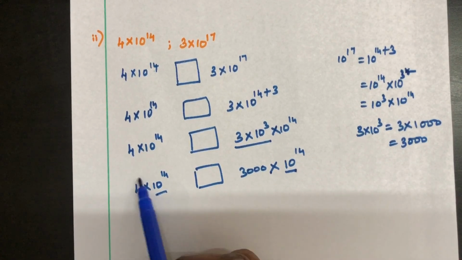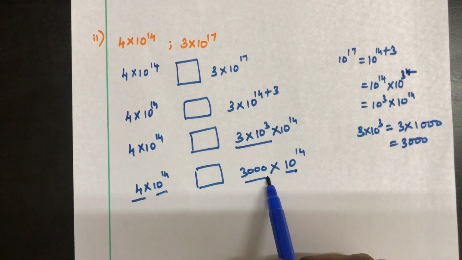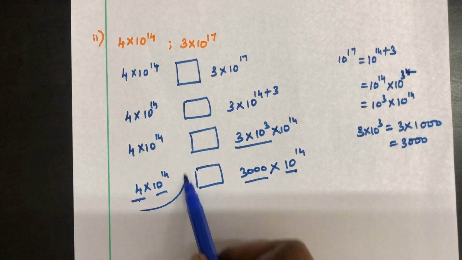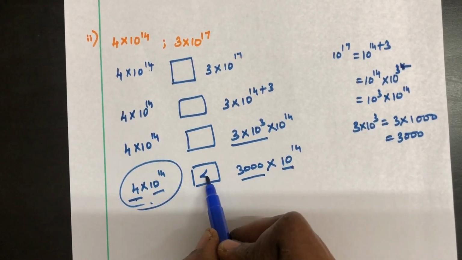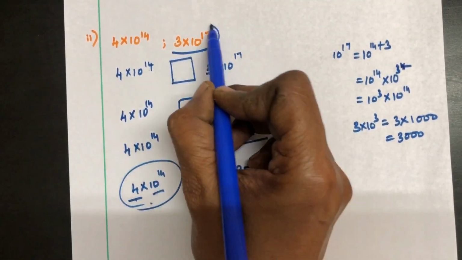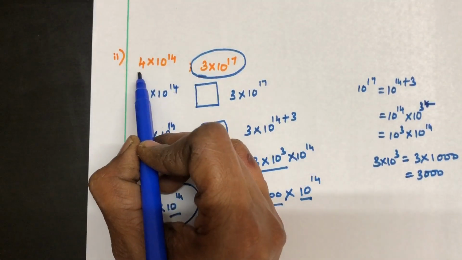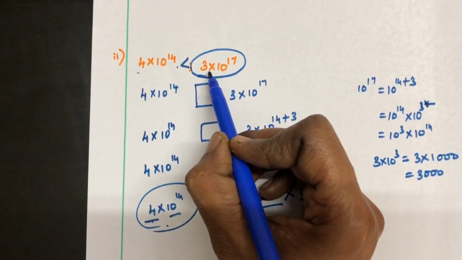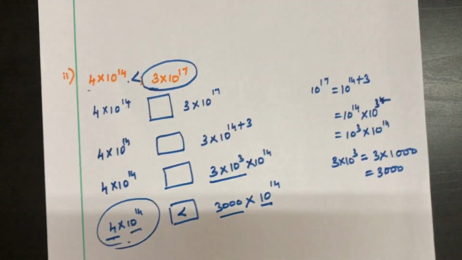Now look at the integer value. What is the integer value? 4 is obviously less than 3000. So this one is less than this value, which is nothing but 3 into 10 power 17. So 4 into 10 power 14 is less than 3 into 10 power 17.